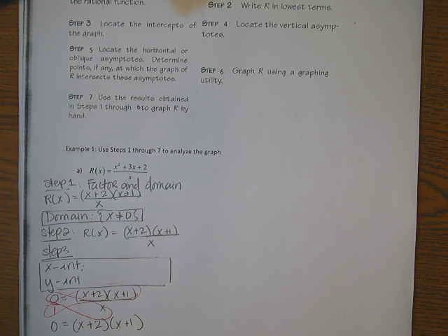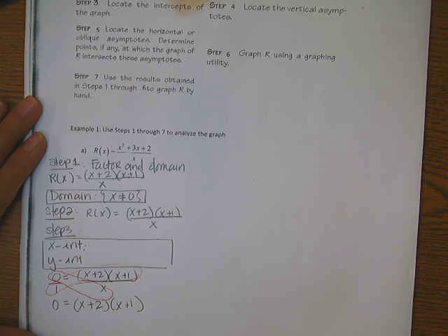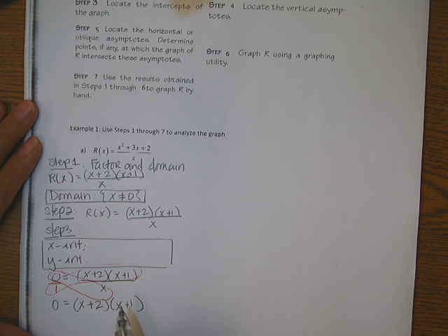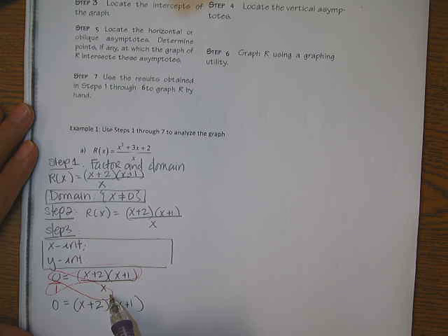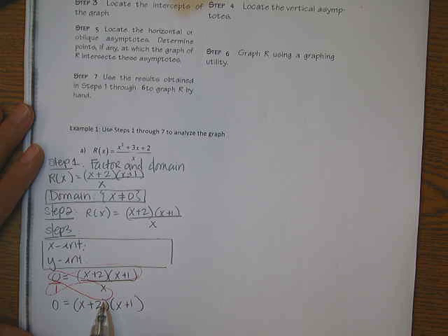Check this out. What happened to my denominator? When I cross multiply, remember, when I'm looking for x-intercept, y has to be 0. So when you cross multiply, the denominator disappears. And that will always, always be the case.